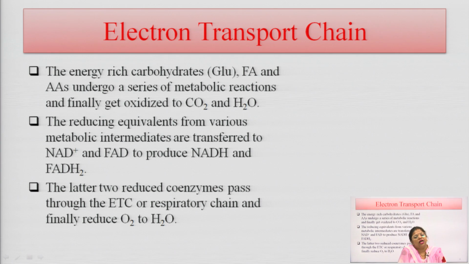These take up the free electrons and form high energy molecules. NADH and FADH2, the reduced coenzymes, pass through the respiratory chain, the electron transport chain, and finally oxygen is reduced to water, with carbon dioxide released.